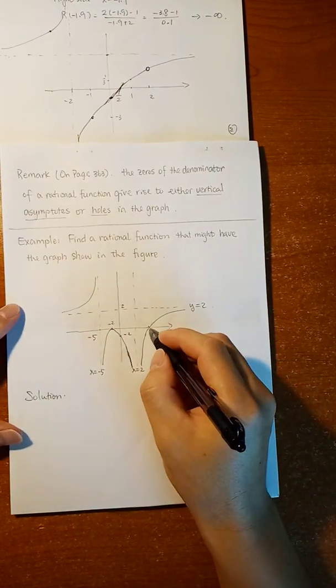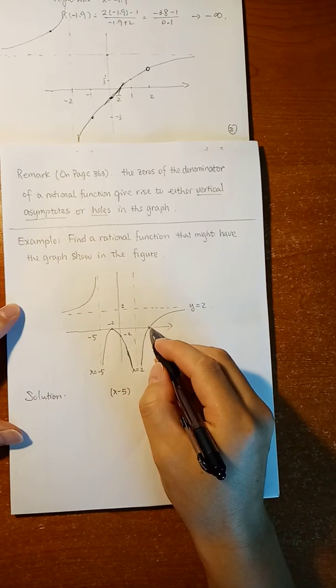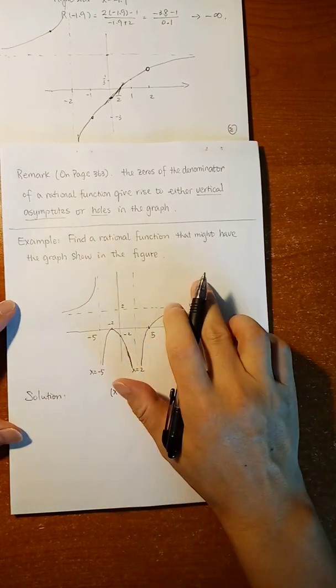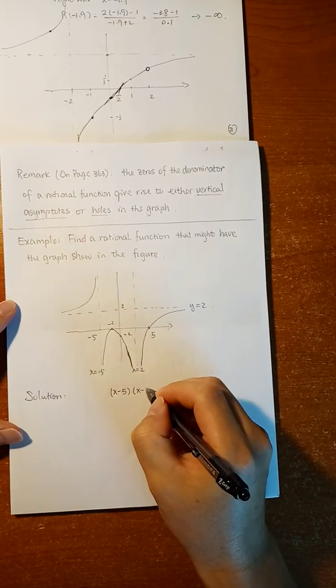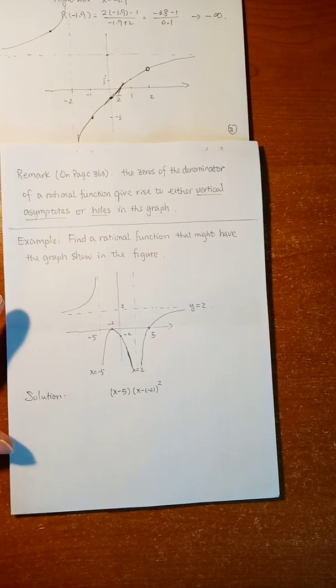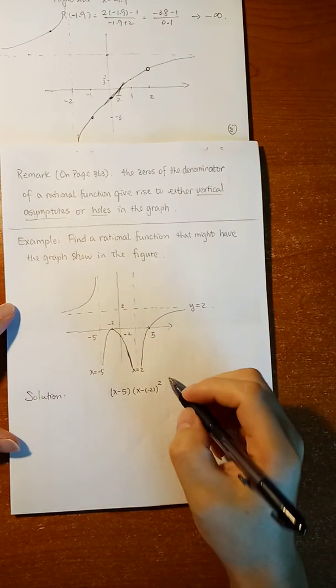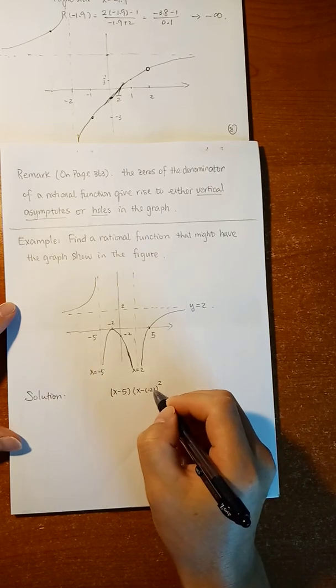So you will have here x minus 5. It has odd degree, so it crosses. And this is x minus -2, but since it touches, it's squared. It's a square.